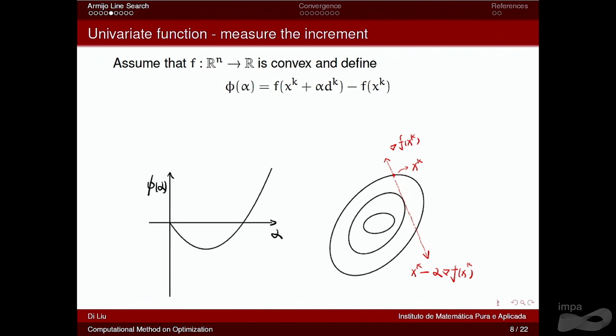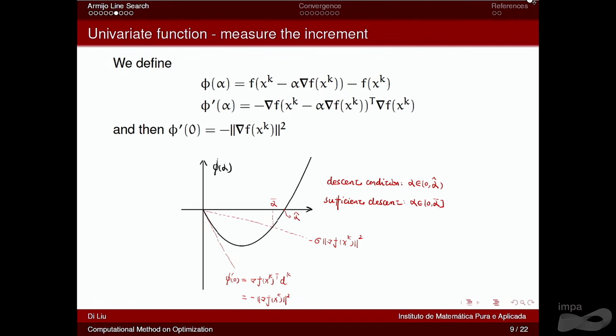It will not decrease your function, but increase the function value. So from this analysis, we have some ideas about how to choose the step size.